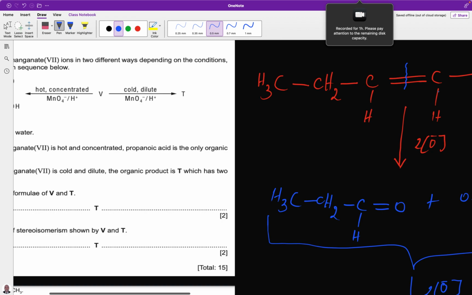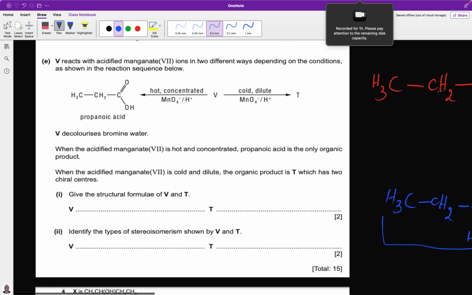That is supposed to be our formula for V. So our structural formula for V will be CH3, CH2, CH double bond CH, CH2, and the CH3.